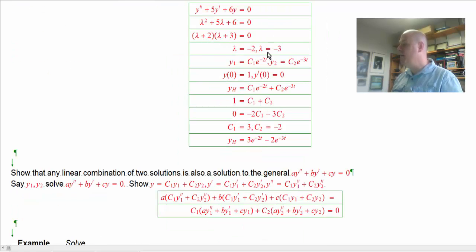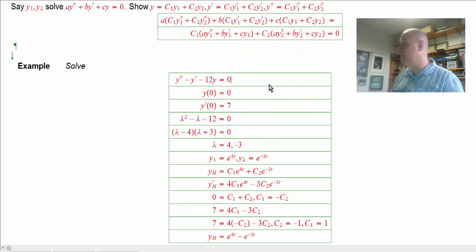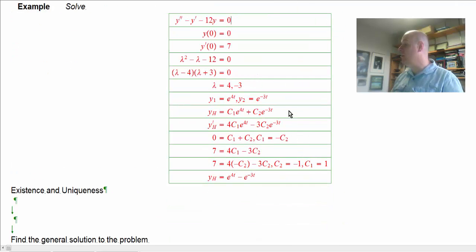But let's look at the 3 examples we solved. This one, eigenvalues negative. So when I have a linear combination of those 2 pieces with the negative eigenvalue, as t goes to infinity, this piece goes to 0 and this piece goes to 0. So the homogeneous solution goes to 0 because both eigenvalues are negative. In this next example, we've got a linear combination of e to the 4t and e to the -3t.